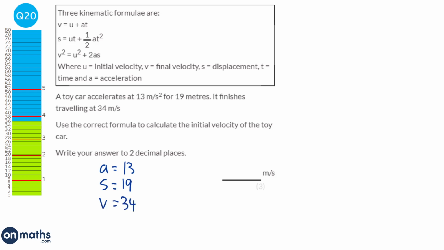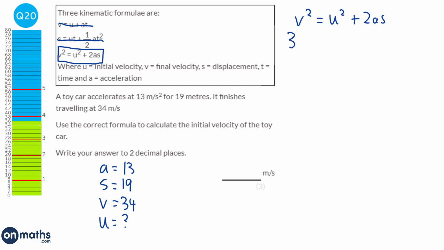And we're looking for the initial velocity. So which of these formulae include a, s, v, and u? That's got a t in it, that's got a t in it, so it's going to be this one here.